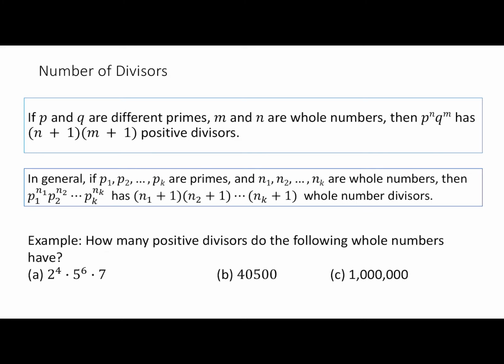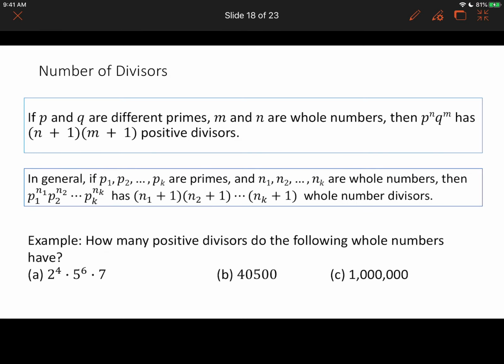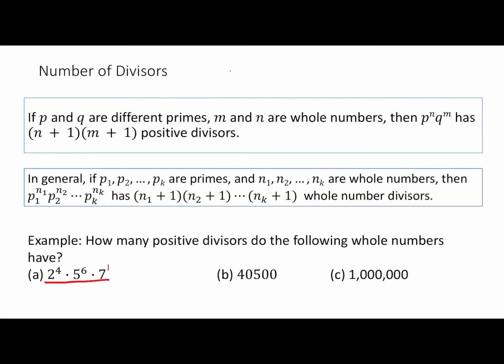So let's see in practice what that looks like. Here I've already given you the prime factorization of this number in part A: 2 to the 4th times 5 to the 6th times 7. Remember, there's an understood 1 as the exponent here. So how many positive divisors does this have?